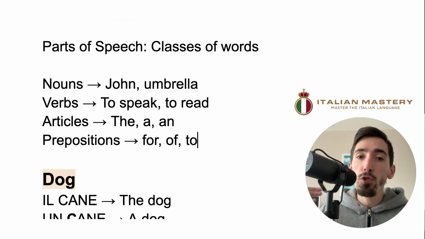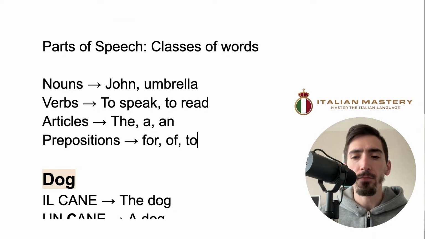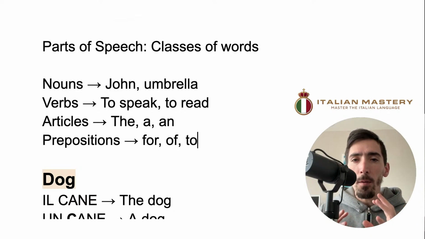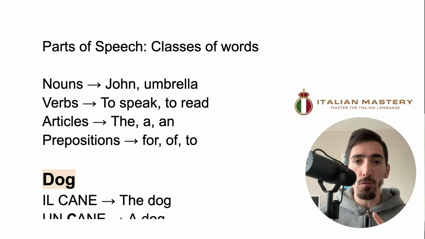So if I go to Rome, I need to express myself. And the reason for this is that many verbs can have small differences in meaning depending on the preposition that you use.